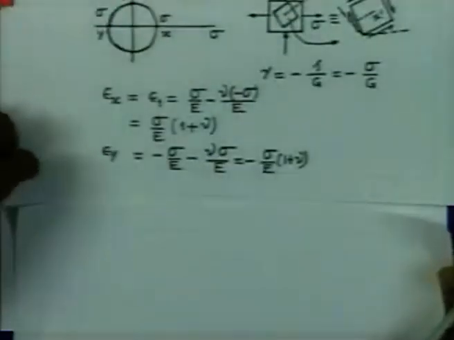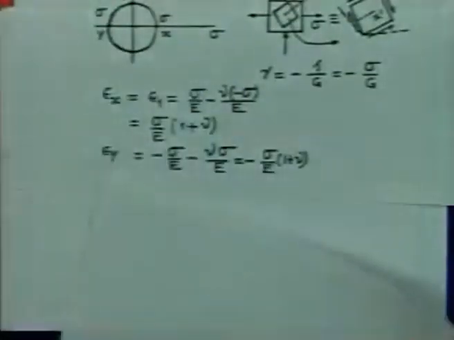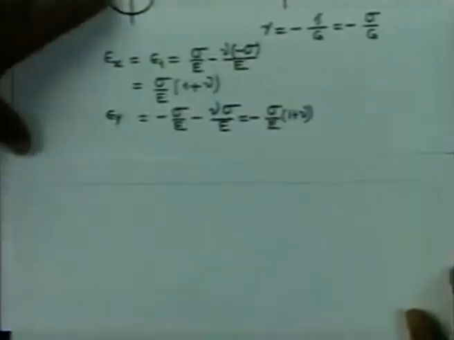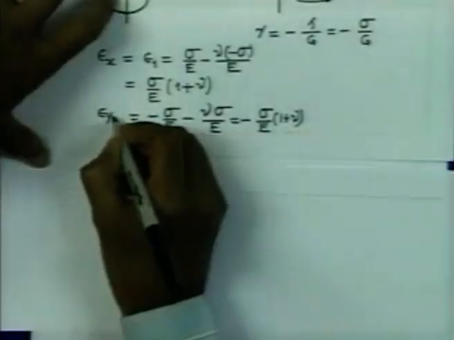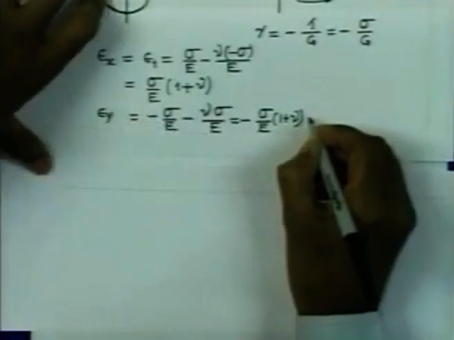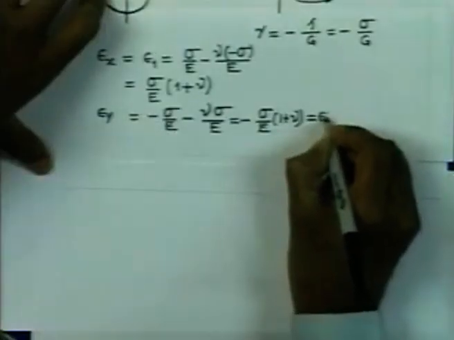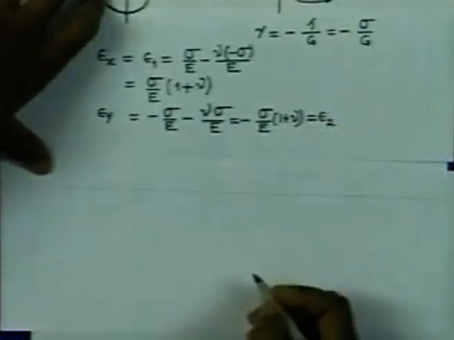Now, if I calculate the shear strain, I think you should have no difficulty in appreciating that this epsilon y is nothing but the minimum principal strain.